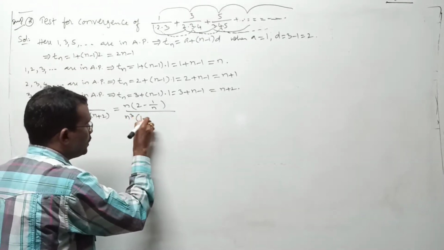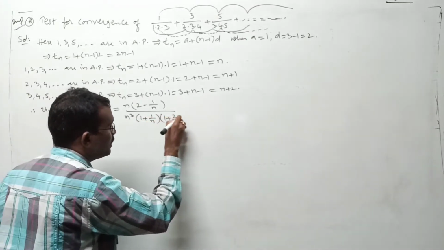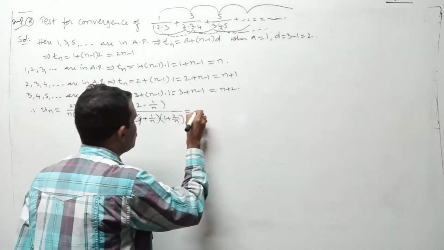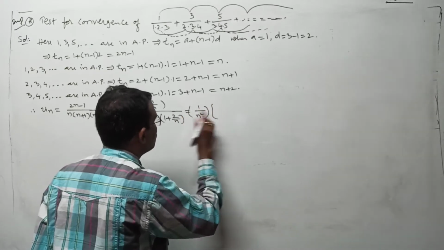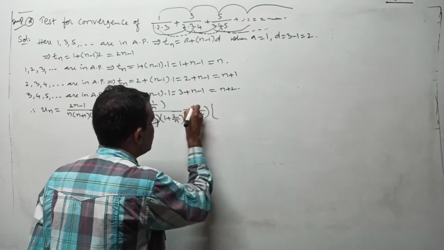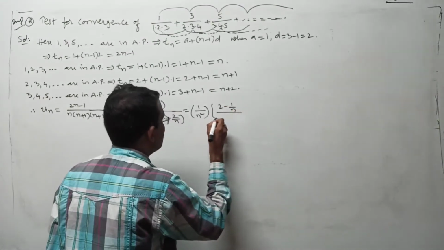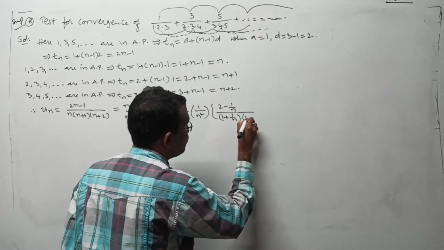It is 1 plus 1 by n into 1 plus 2 by n. Any problem? Here 1 n gets cancelled, so this should be 1 by n square into 2 minus 1 by n, whole by 1 plus 1 by n into 1 plus 2 by n.